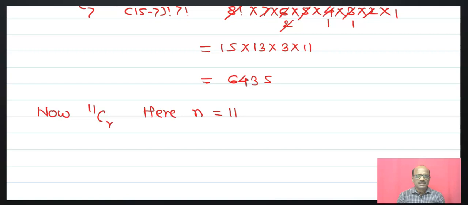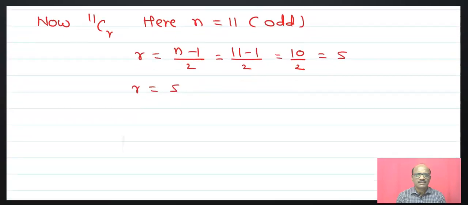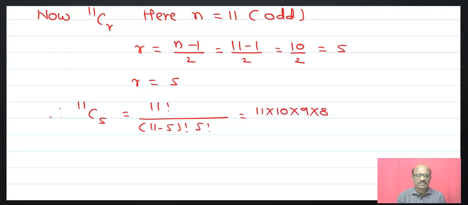Now next is 11CR. Here n is odd, therefore r is equals to n minus 1 upon 2. Therefore 11C5, 11 factorial upon 11 minus 5 factorial into 5 factorial.